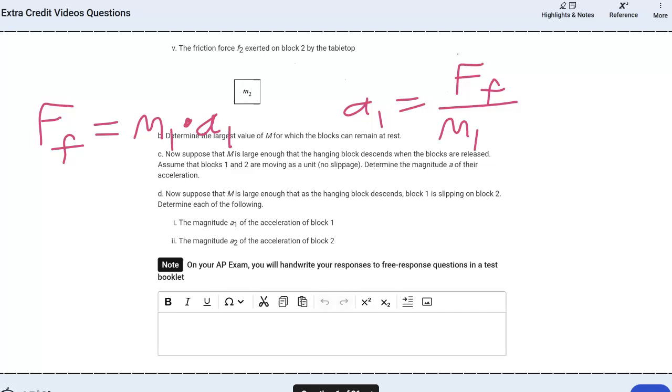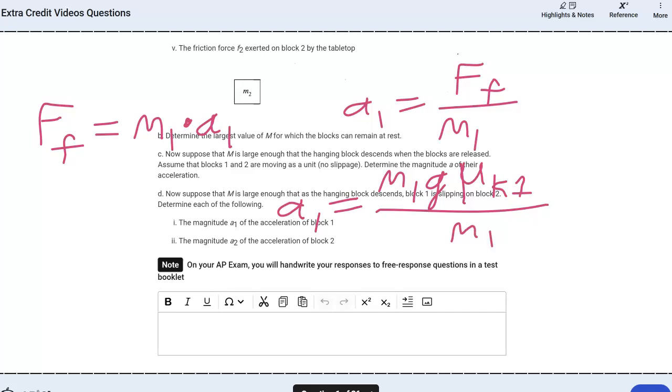Our frictional force on block 1, if you recall, was m1g times, and now since it's moving, times mu k1, over m1, and then the m1 is going to cancel, and it's just going to be g times mu K1.